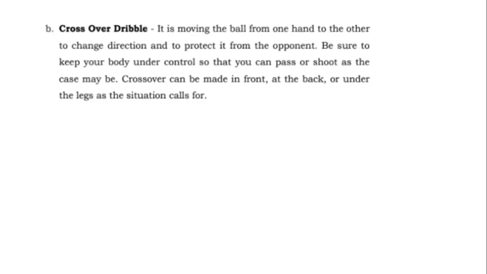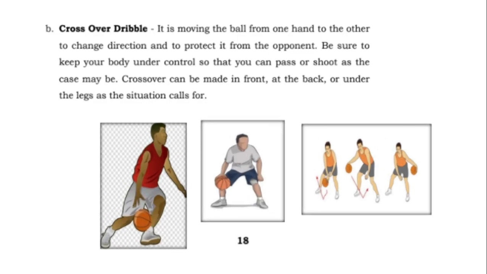So, from left hand to right hand, or from front to back, from sideward to front, from sideward to backward. So those are the examples of crossover dribble. Ayan, napapansin niyo po, from left hand to right hand and to the front. So there is quick change of direction of the ball, and there is the change of position of our ball. Very good.